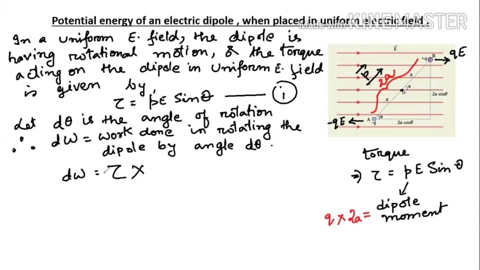That torque is multiplied by the displacement, which here is the angular displacement theta.